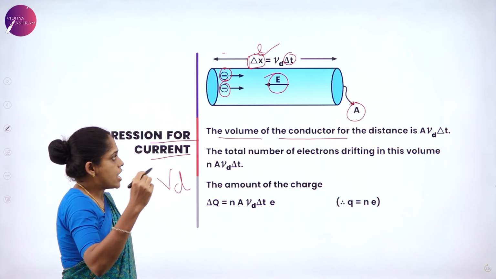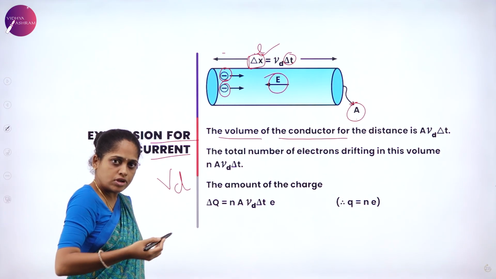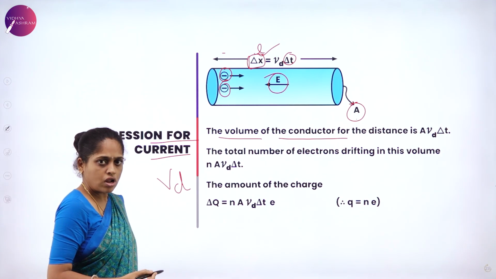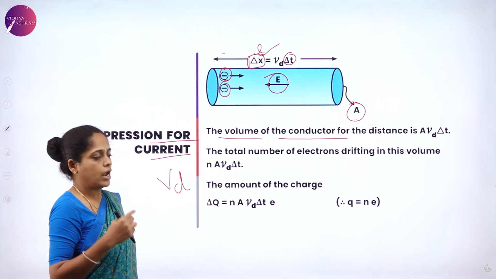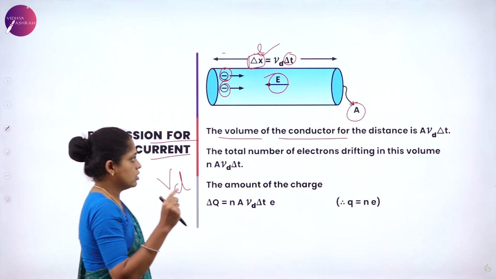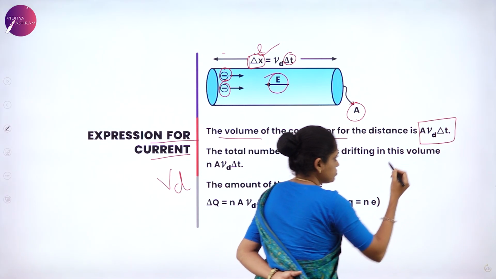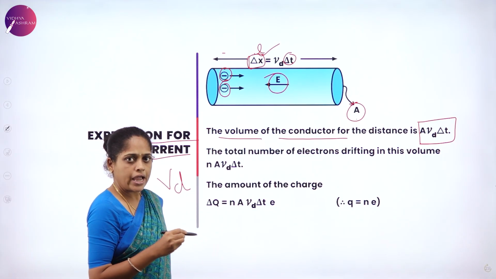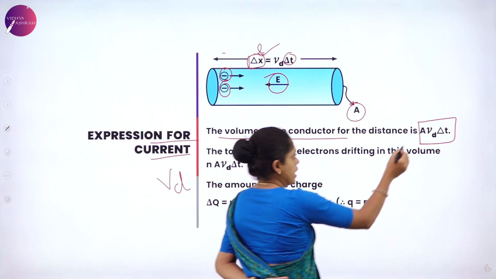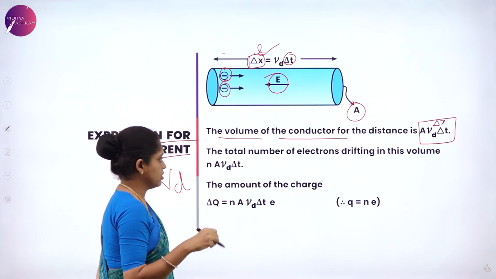Therefore, delta x is equal to Vd, the velocity with which the electrons drift, times delta t, the time taken to drift from one end to another end. Using that, the volume of the conductor is area into delta x, which is nothing but displacement or the length.